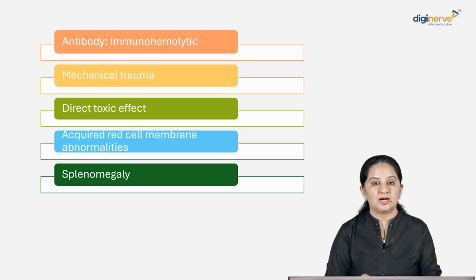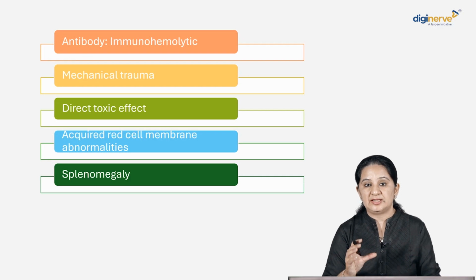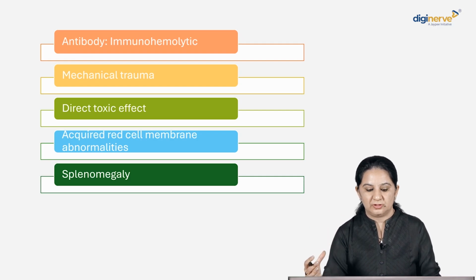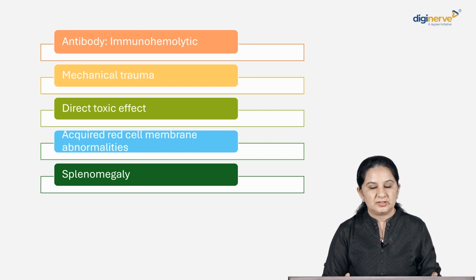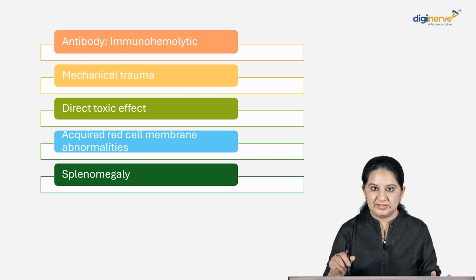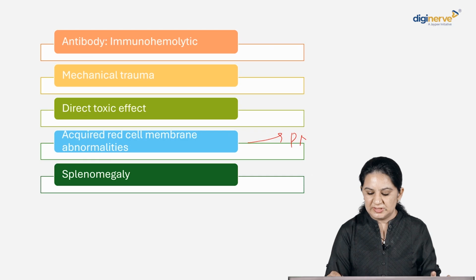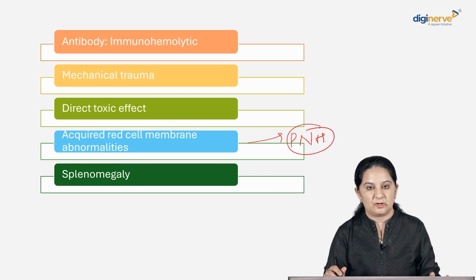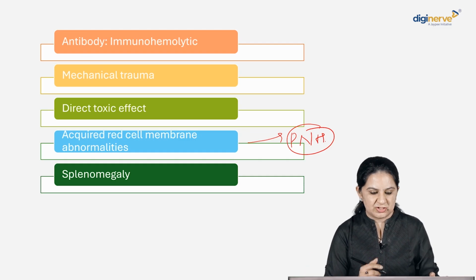But here in acquired hemolytic anemias, the defect is external or extracorpuscular. But there's a catch here. The acquired hemolytic anemias also include a red cell membrane abnormality, that is a defect within the cell, the intracorpuscular, that is paroxysmal nocturnal hemoglobinuria. Only this is intracorpuscular, the rest of the defects are external or extracorpuscular.